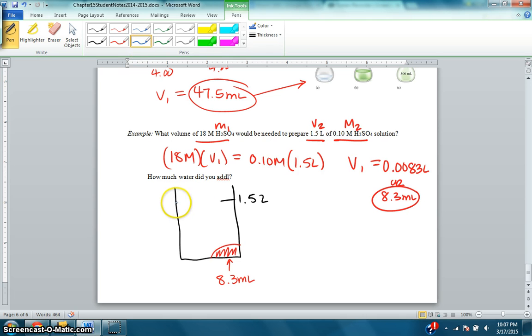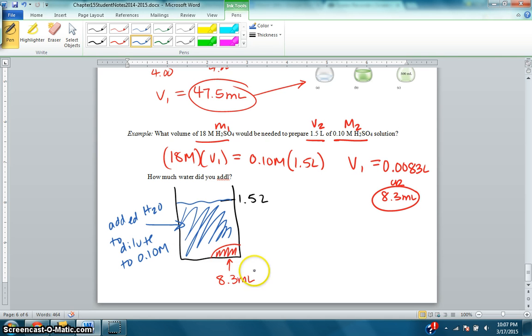So that means that the rest of this, that's going to get me to my volume, is all water. So I took that 8.3 milliliters of my concentrated solution and I added a whole bunch of water to dilute it down to that 0.1 molar concentration that I wanted.